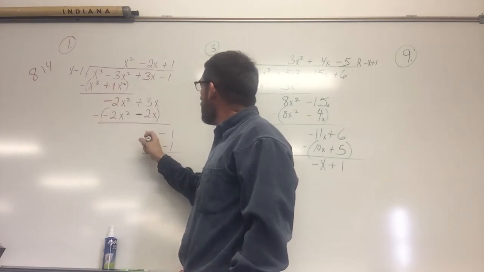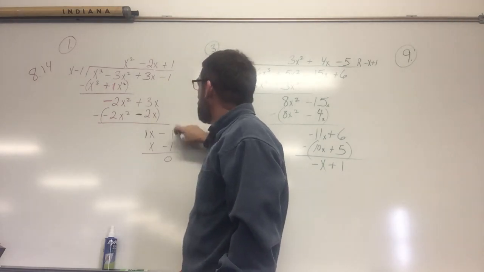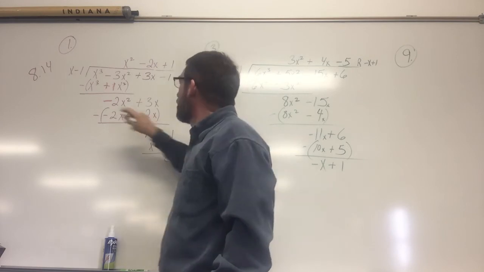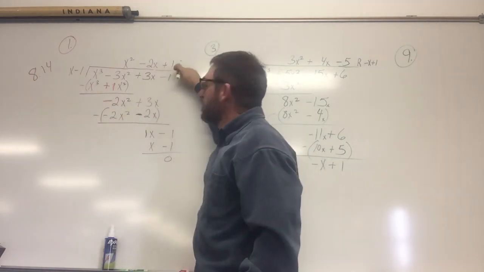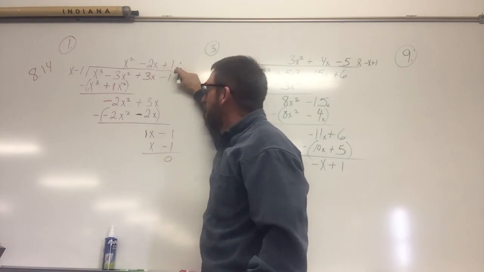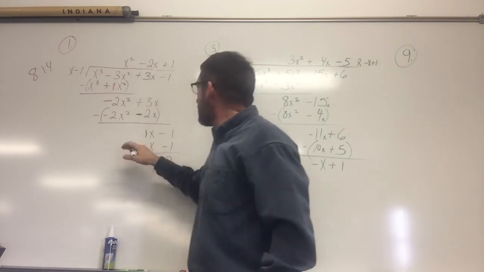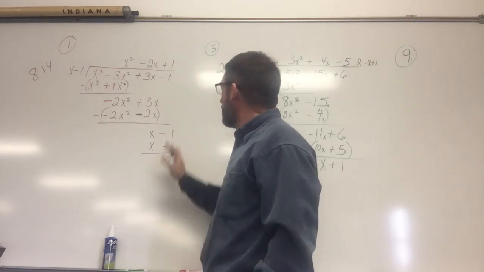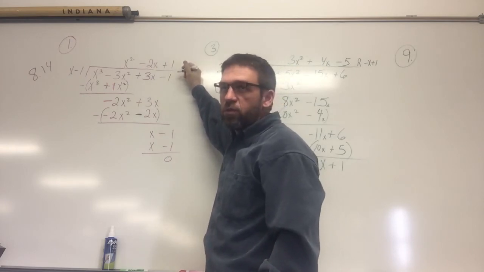So 1x, I bring down my negative 1. And so then you ask yourself, how many times will 1 go into 1? 1 time. And now you multiply 1 times 1 is 1, and 1 times x is x. Let's erase this 1 because that's improper. You subtract, this problem came out right, or came out even. There was no remainder.